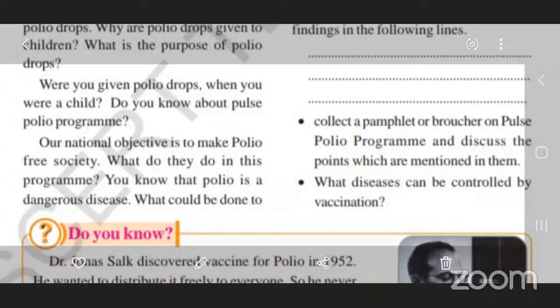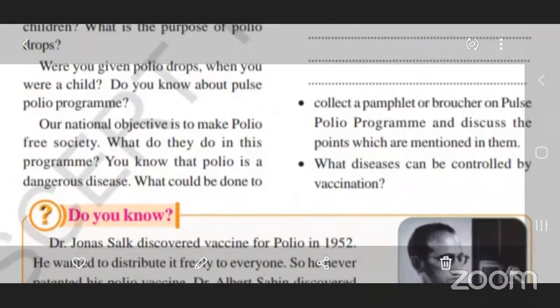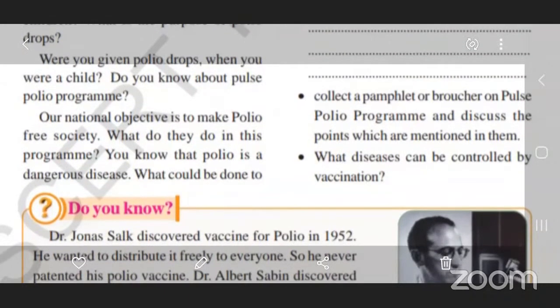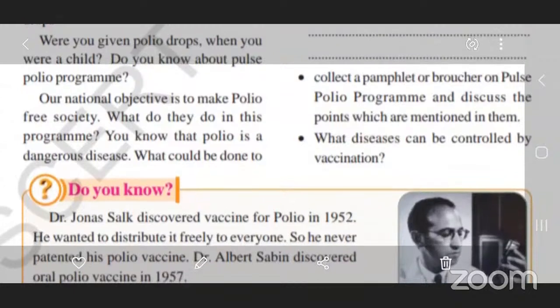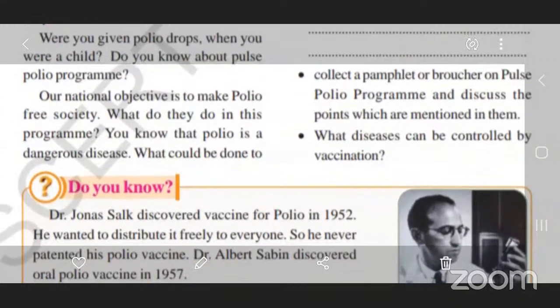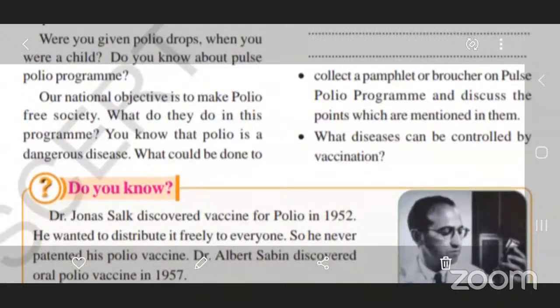They will arrange camps in Gram Panchayats, schools, Anganwadis, on special days like Sundays, Polio Advaram, and they will provide the polio drops. Our national objective is to make a polio free society.